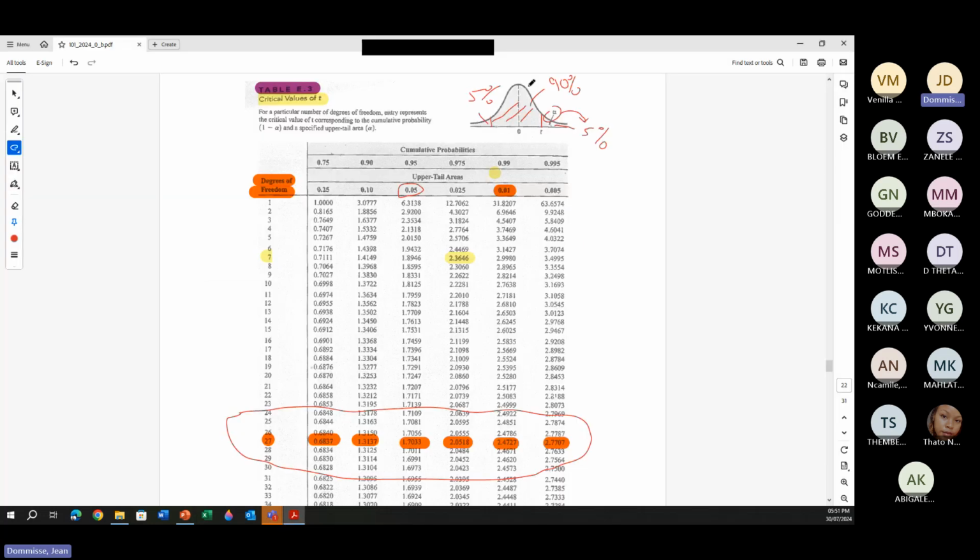Okay, so lower tail probability of 0.025. So the answer would be 2.0518.